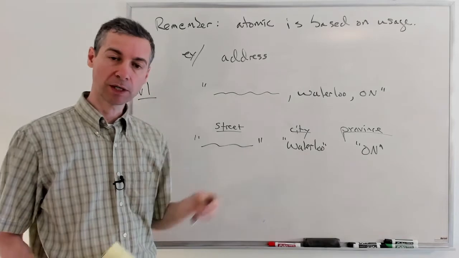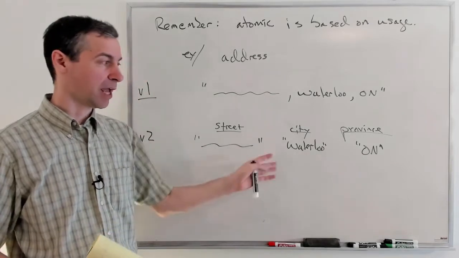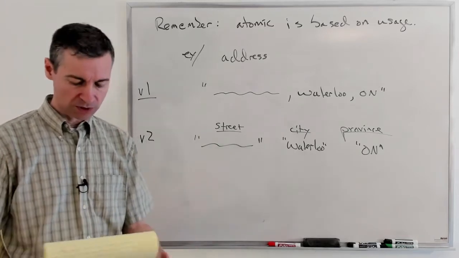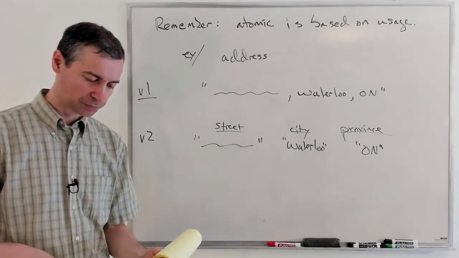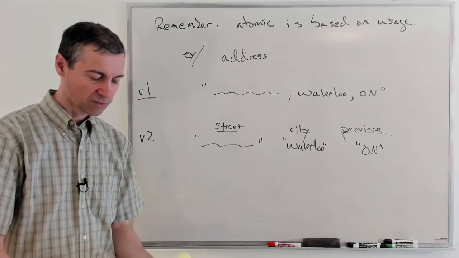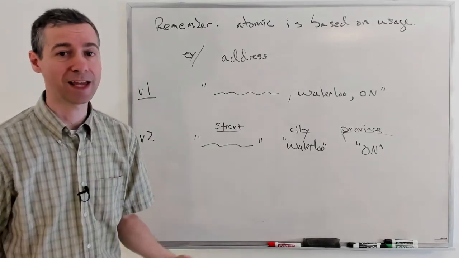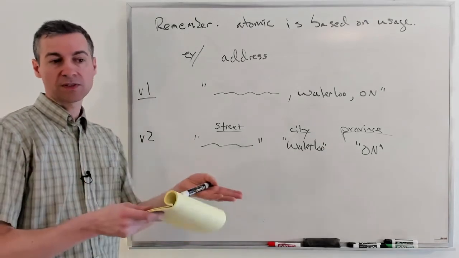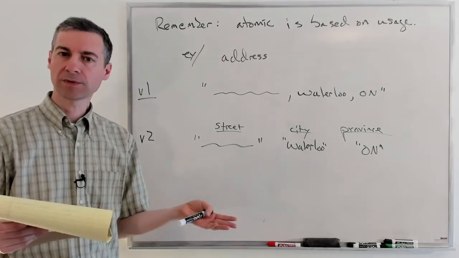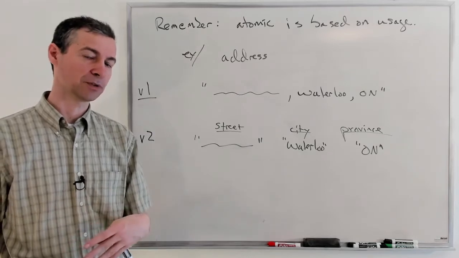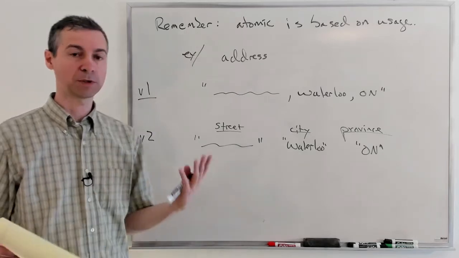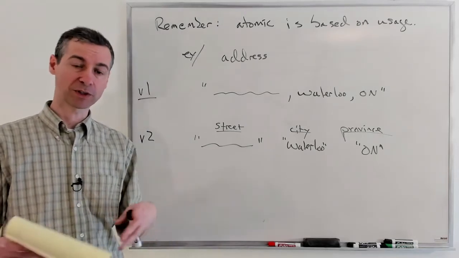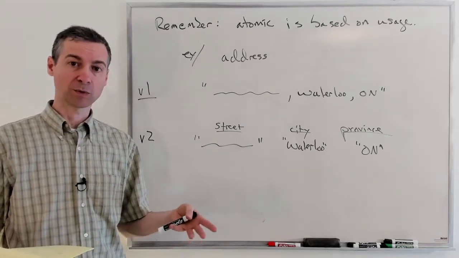So it all depends on what your usage is. If I were to put on an exam, is this atomic? You're going to have to ask, how is the person using it? Hopefully the problem would give you a description of its need and its usage so that you could determine whether or not this was an atomic way.